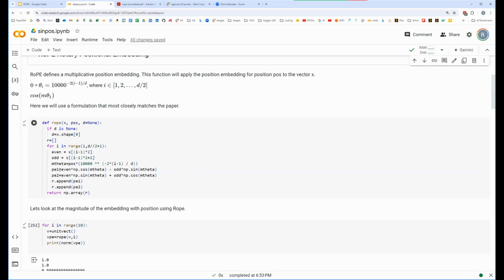And then I take the even positions times cosine minus the odd positions times sine, so PE_even is the even times the cosine minus the odd times the sine, and PE_odd would be the even times the sine plus the odd times the cosine.